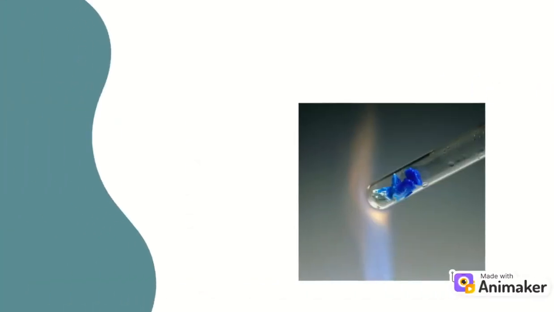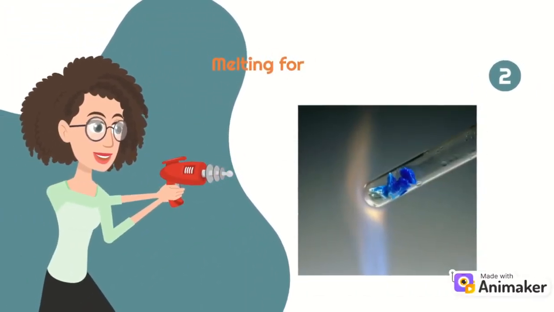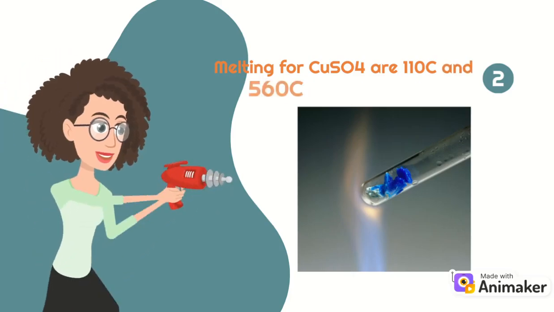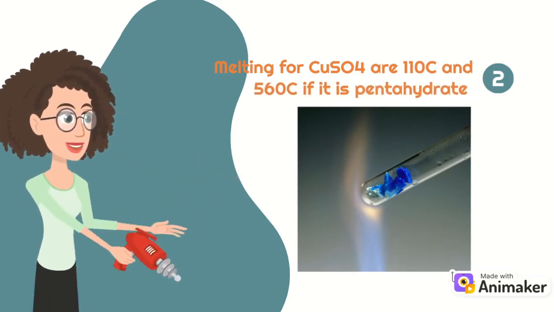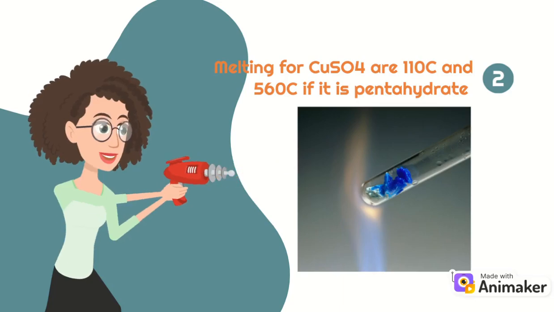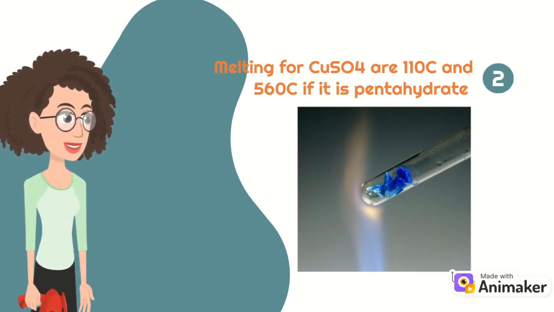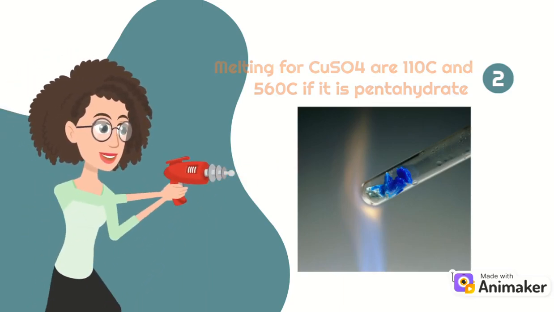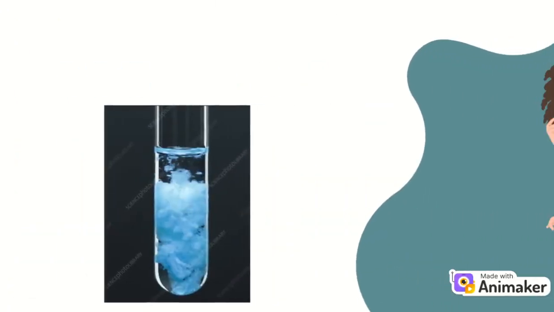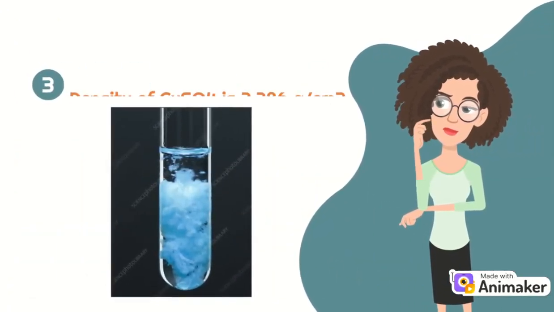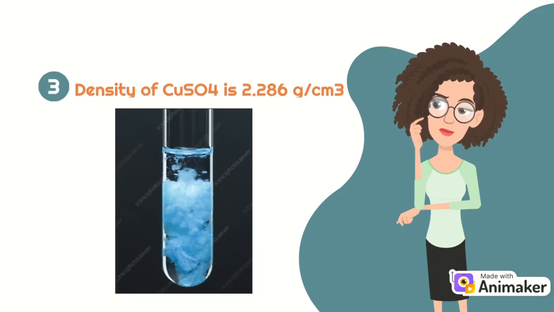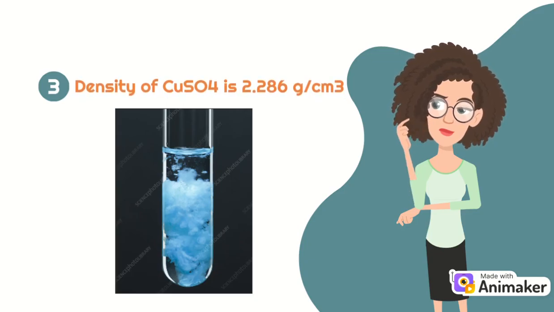Next, the melting point of copper-2 sulfate is 110 Celsius, and 560 Celsius if it is pentahydrate. Lastly, the density of copper-2 sulfate is 2.286 grams per cubic centimeter.